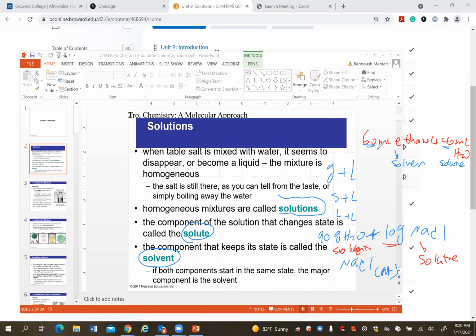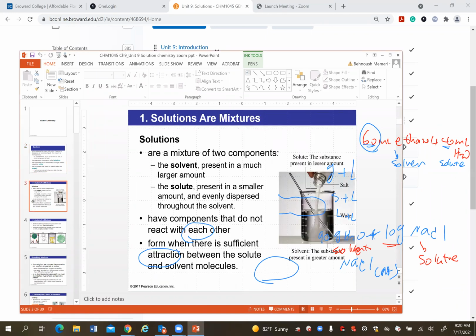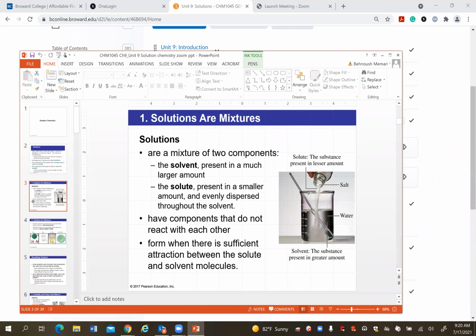So the one in greater amount would always be the solvent. The one in lesser amount is going to be the solute. If they are in the same state, the major component is the solvent. That means the one in greater amount. With those examples, hopefully it helps the definitions.